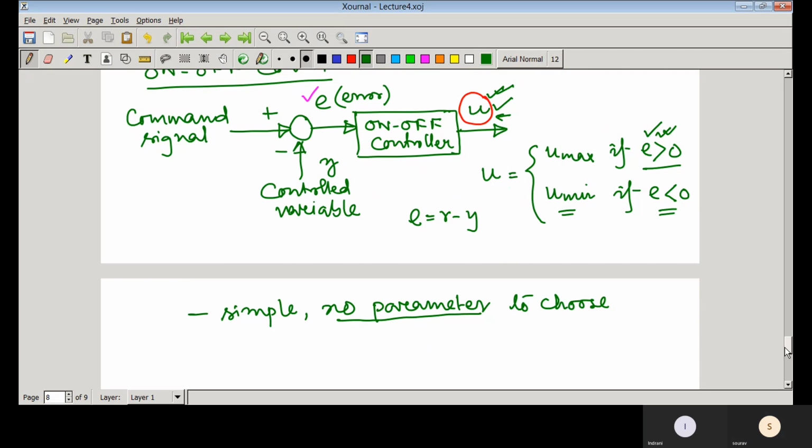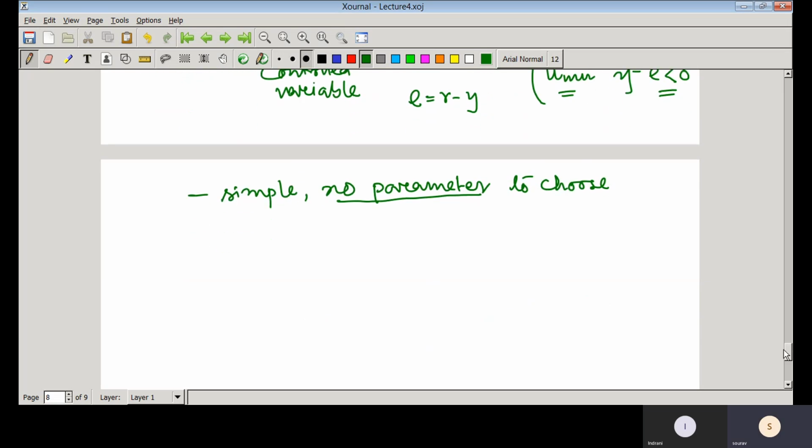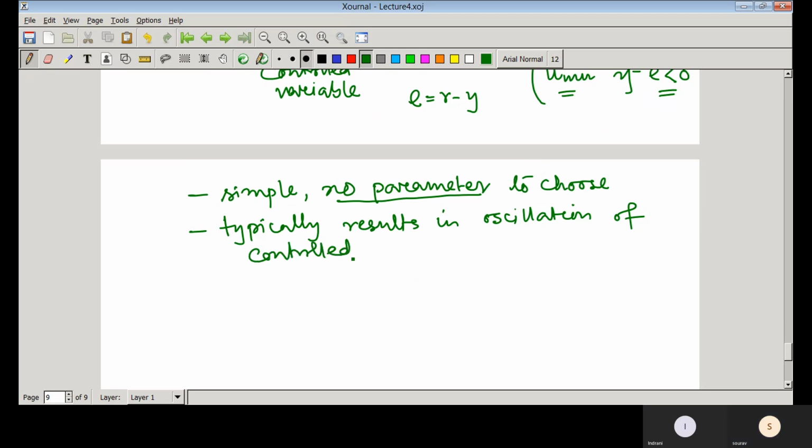It also has some disadvantages. One disadvantage is that it typically results in oscillation of the controlled variable. This is obvious.